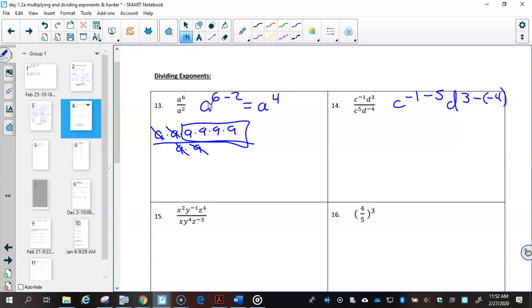Negative 4. Sorry, I was thinking that was 3. It'd be negative 6. What would d's new exponent be? 7. Can we leave this as a final answer? No. So we would need to change this to what?